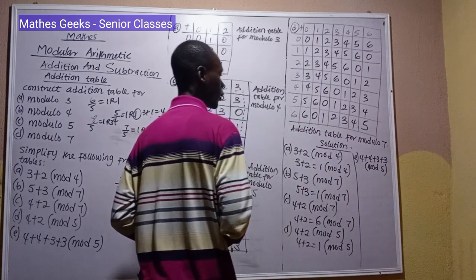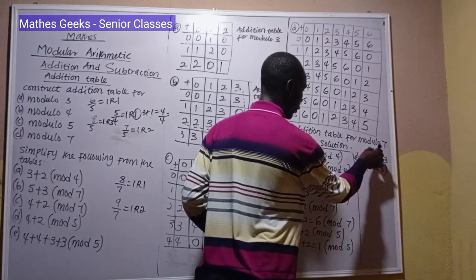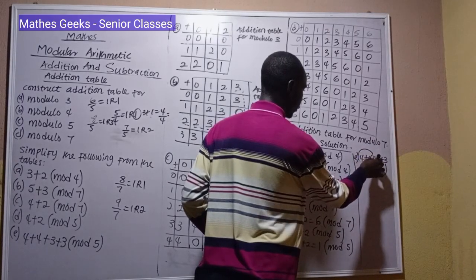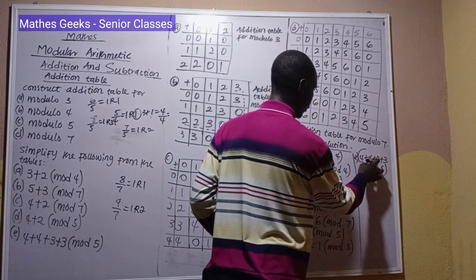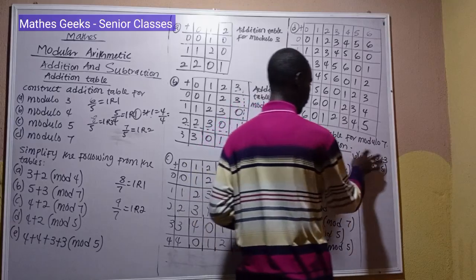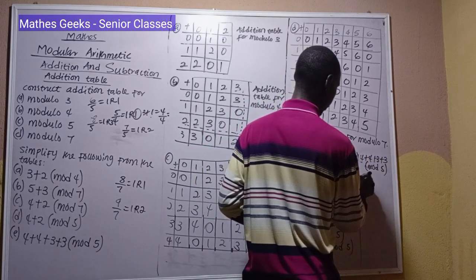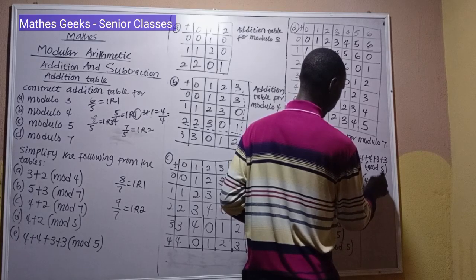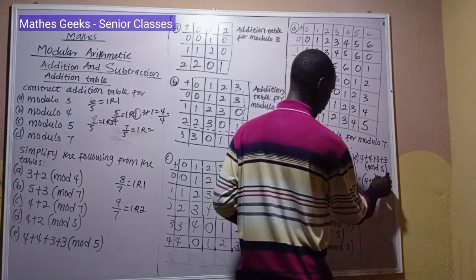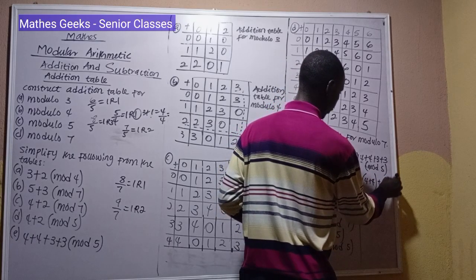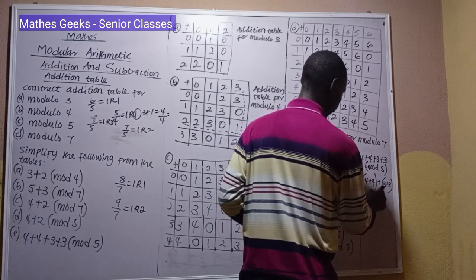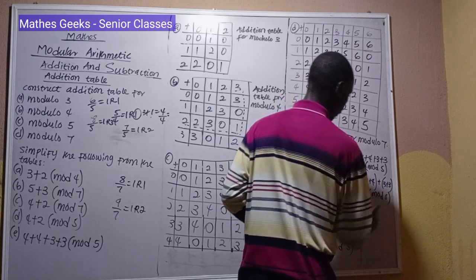So what I'm going to do is that we're going to simplify. Okay, let's do it this way. I'm going to enclose it in brackets so that it's easy for us. So this will give us 4 plus 4, we do this as a unit first, and plus 2, all in mod 5.